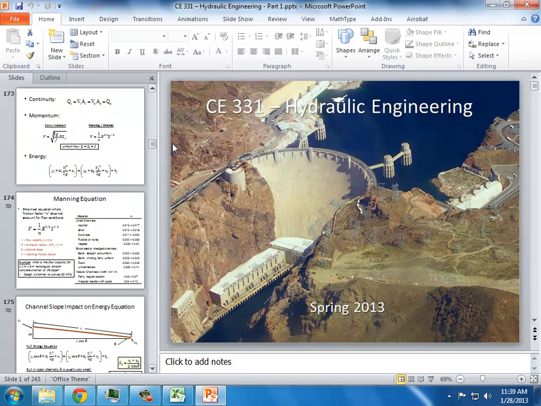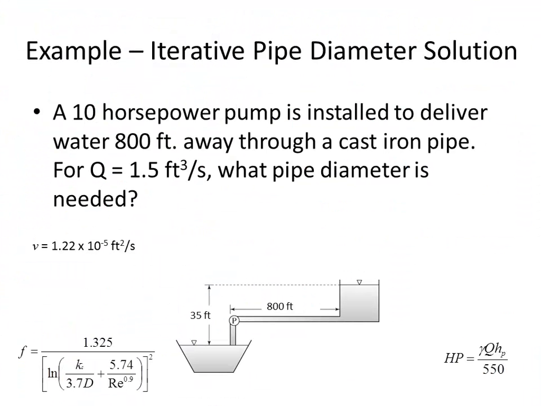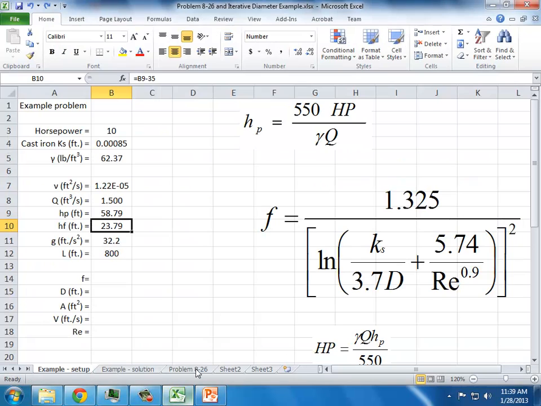It's solving the energy equation for the H sub F. So here, if we write the energy equation, Z1 plus V1 squared divided by 2G plus the pressure head is equal to Z2 plus V2 squared divided by 2G plus the pressure head at 2 divided by gamma plus H sub F. So in the spreadsheet where I've got H sub F listed here, what that really is is all of the energy at 1 minus the elevation at 2.